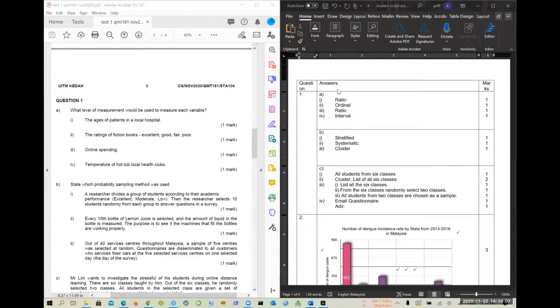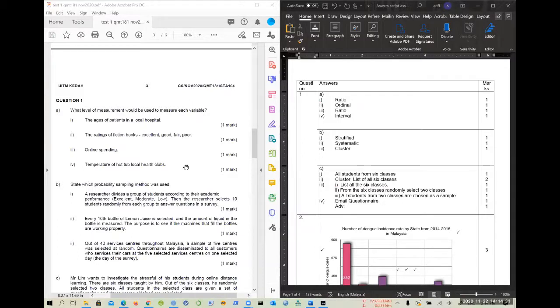These are the four levels of measurement, and you need to understand that the first two, nominal and ordinal, are just for categorical data, or classification data. The last two, interval and ratio, are for continuous data.